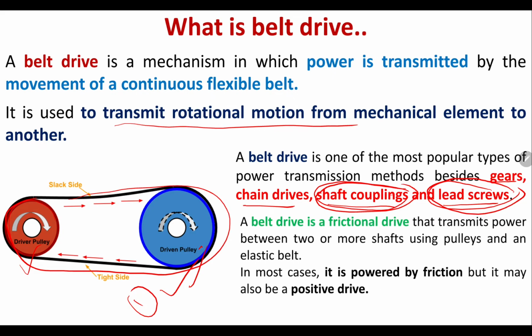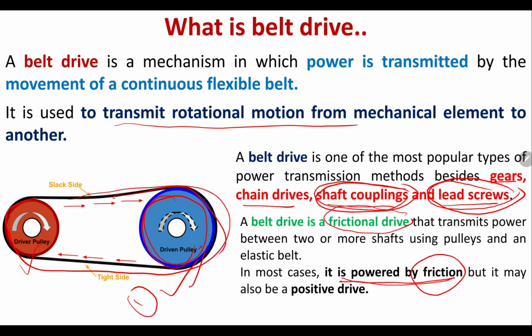A belt drive is a frictional drive. It is called a frictional drive because friction exists between the belt and the pulley. That's why the belt drive is a frictional drive that transmits power between two or more shafts using pulleys and an elastic belt. In most cases, it is powered by friction. So most belt drives use friction to transmit the power.